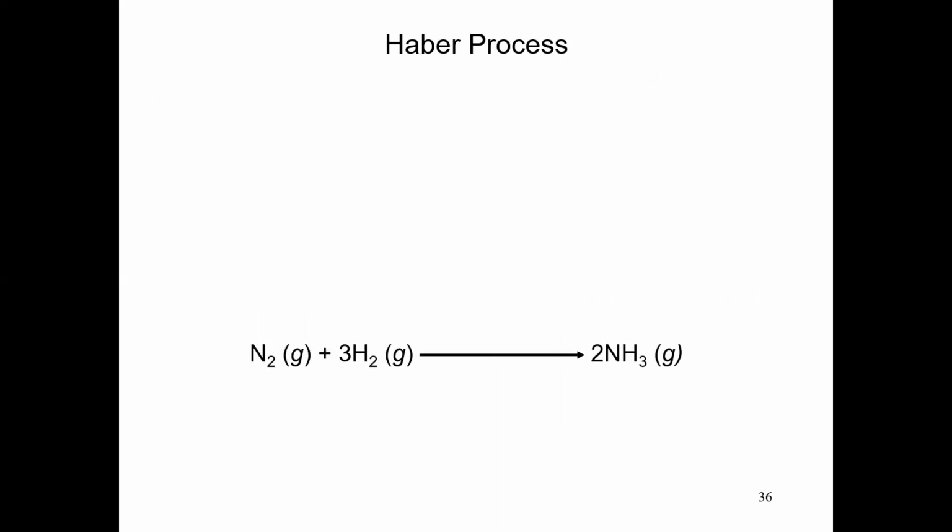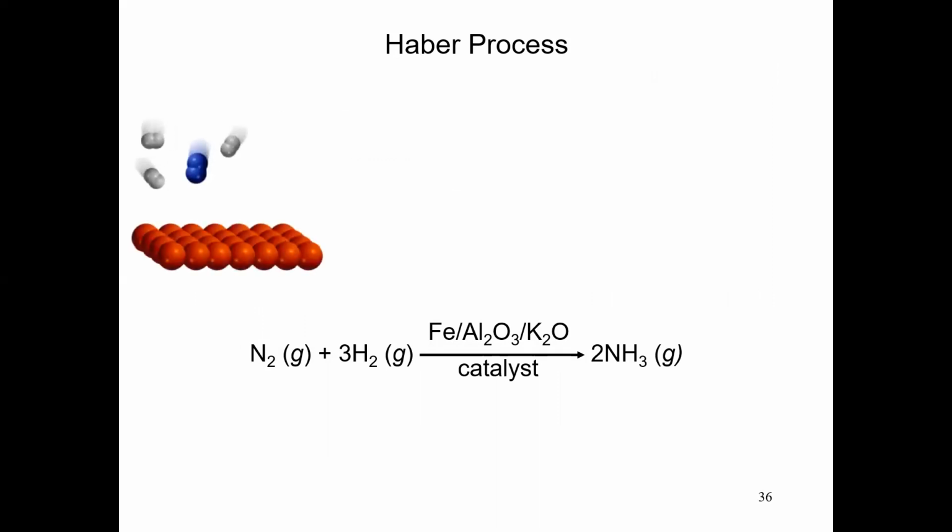Now, one of the examples here is what's called the Haber process, and basically it allows the reaction to occur at a relatively low temperature. You've got this with the substrate. This is a solid substrate, and then the gases come in next to it. They orient on the catalyst itself.